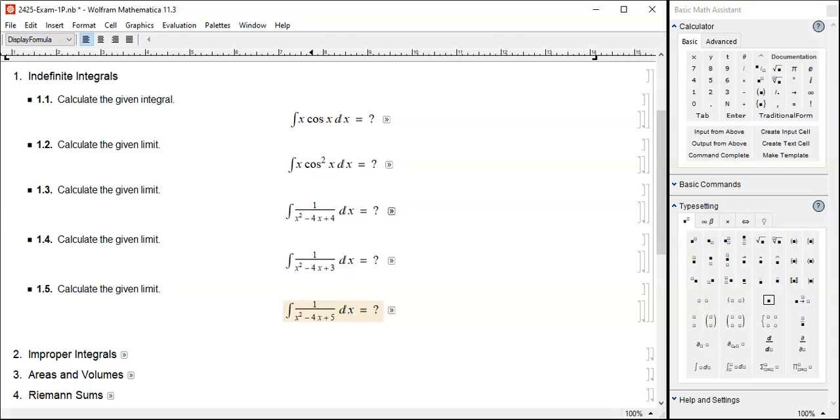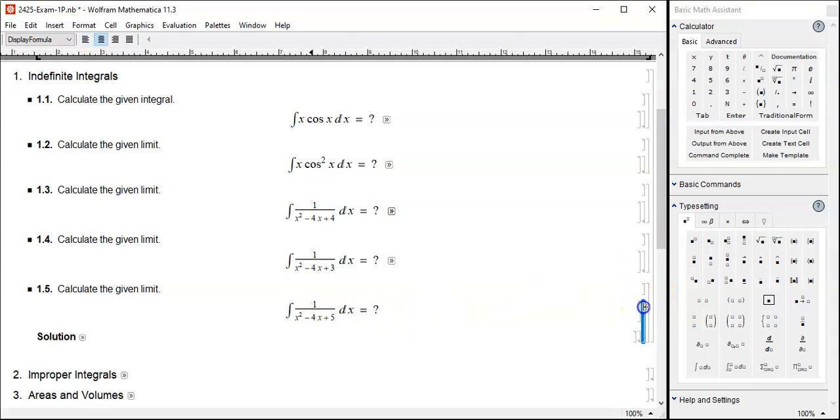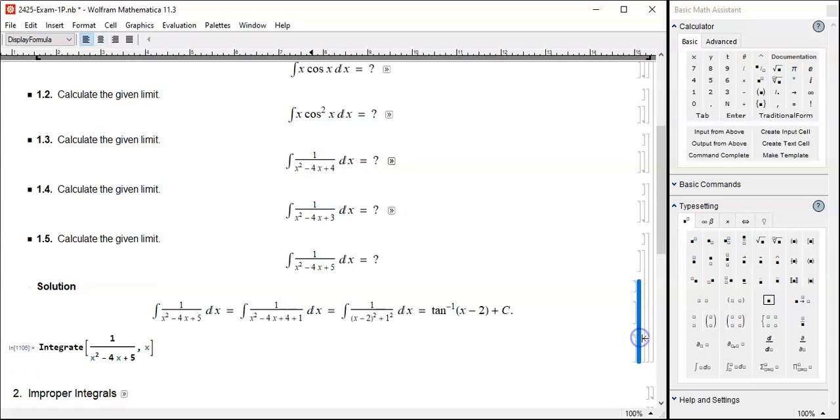Finally, how about this? Kind of a similar denominator, 4, 3, and now 5. How does that work? Can you factor this? No, you can't. It turns out the denominator is irreducible. In that case, you complete the square, and you're going to end up with an arctangent function, like this.